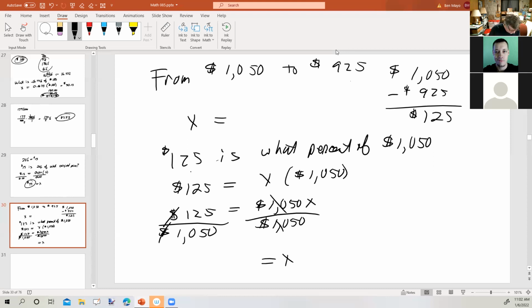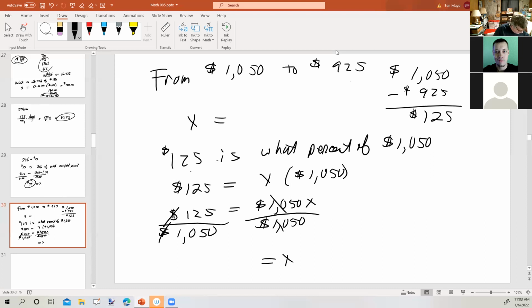Let's see here. Reason I'm balking here is because I'm getting a number that's not nice. So let me check my calculations here. Hang on. 1050 minus 925 is 125. 125 divided by 1050.